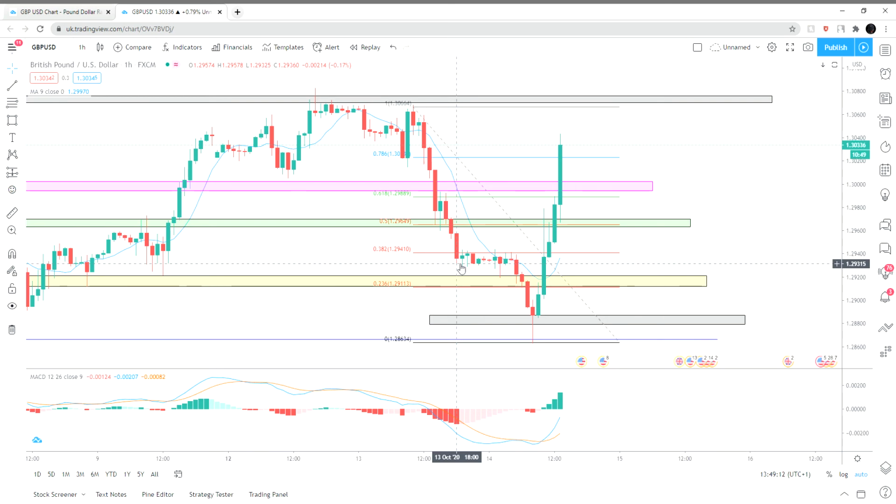Fundamental announcements, like GDP reports, create a break of structure most of the time in the currency market. That's why it's good to keep your trades short and effective.